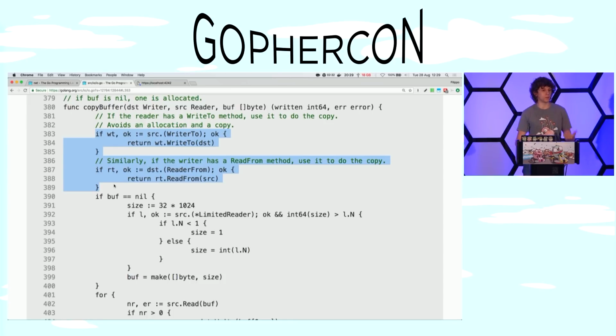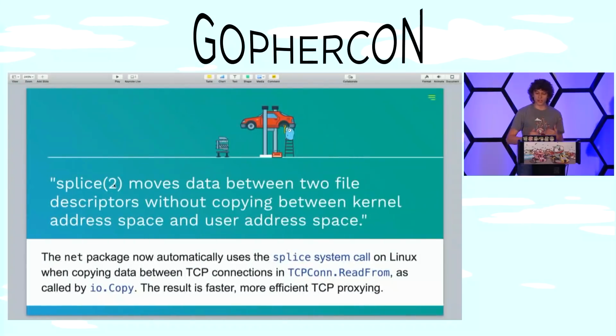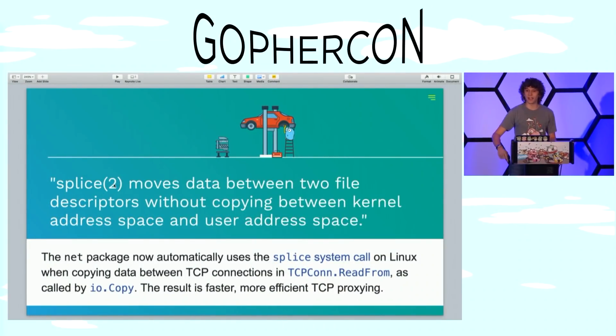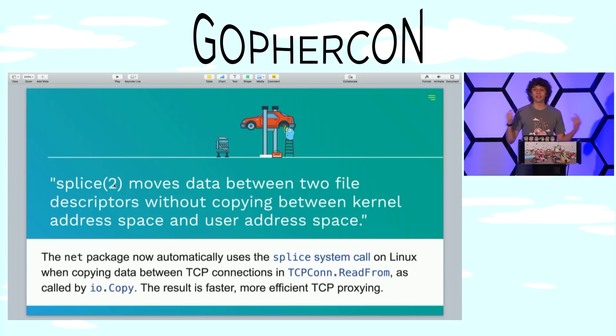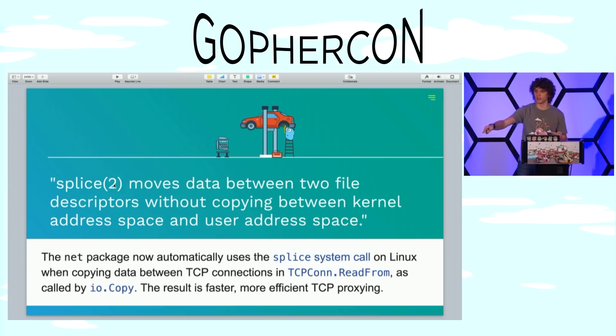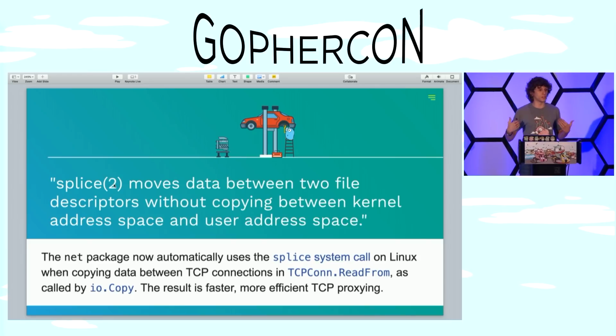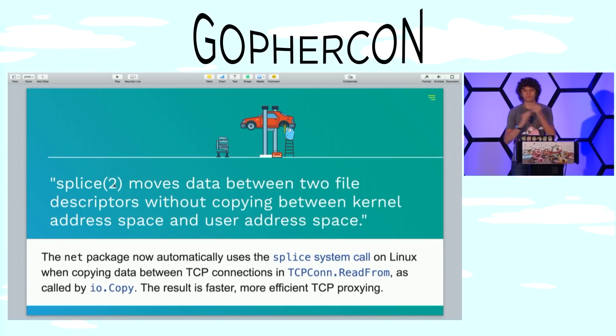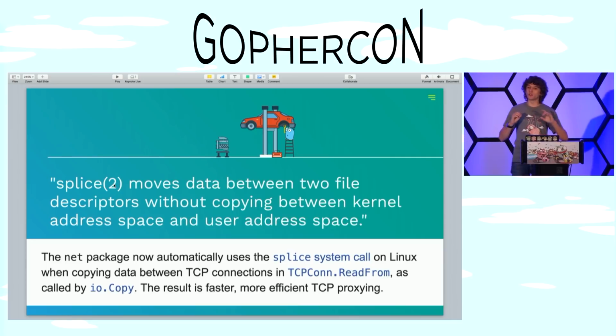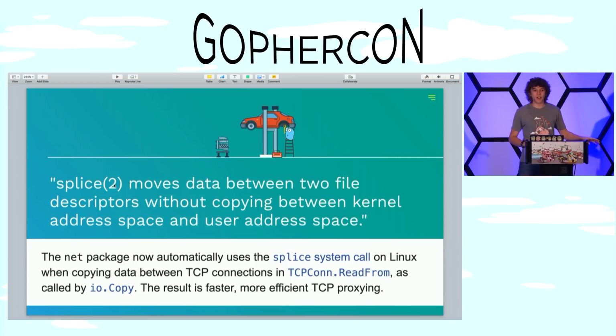And since TCPConn implements ReaderFrom, it will get upgraded, and that will get called, and it will get passed the other TCPConn. They will recognize each other and say, oh, OK, you are also TCPConn with a type assertion inside the net.Conn wrapper, and they will go, OK, we are on Linux, we are both TCPConns, we got asked to copy, splice.